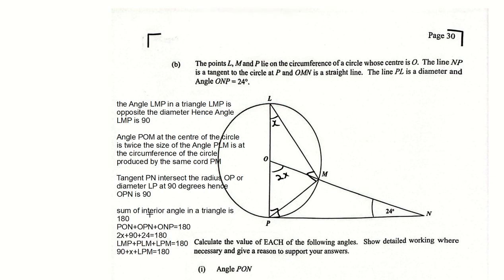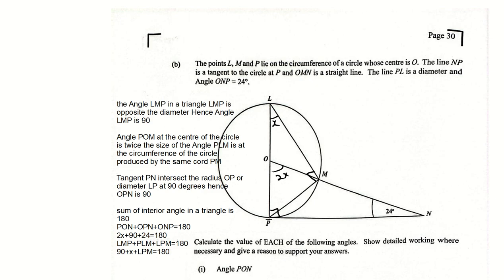So POM, that is this angle here, which we call 2x, plus OPN, which we said is 90 degrees, and then ONP, which is 24, is equals to 180. I put it here. Then we're looking at this triangle here.